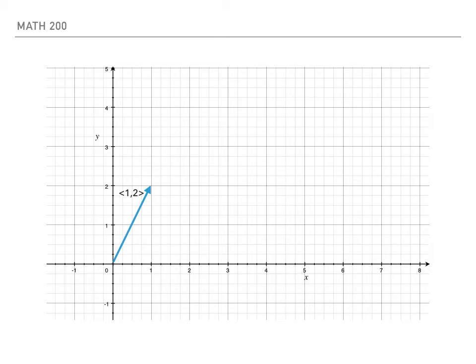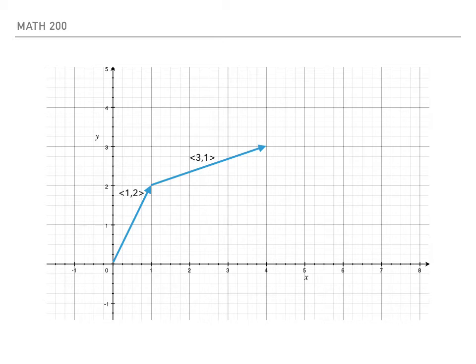The vector <1, 2>, if it starts at (0, 0), goes over 1, up 2. The vector <3, 1> goes 3 units to the right and 1 unit up. So if I plot it carefully, then it ends up at the point (4, 3). Because what have I done?